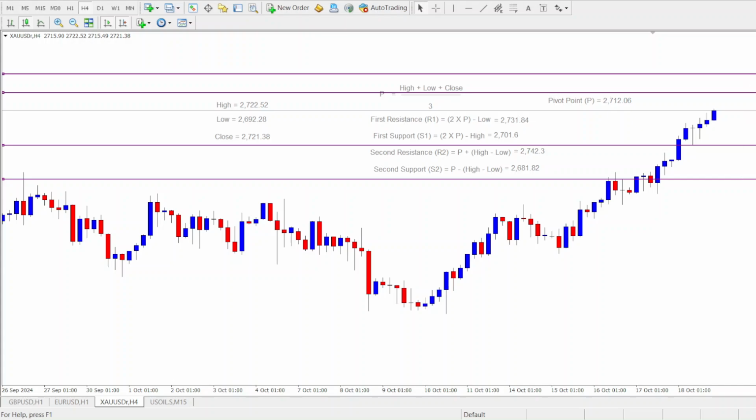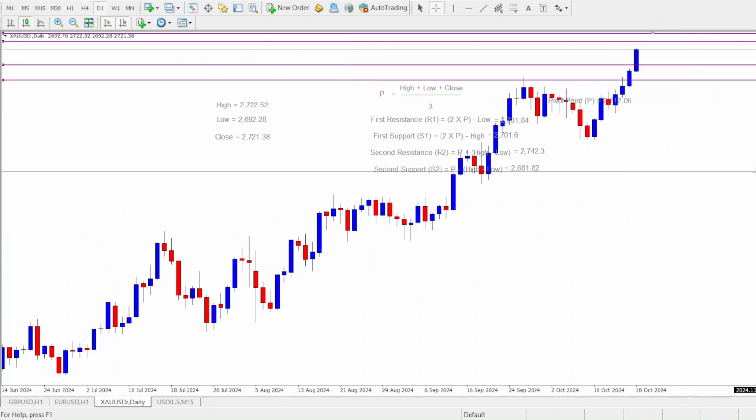These levels act as potential barriers where price may struggle to move higher, that's for the resistance, while the supports can serve as zones where the price might find a floor, giving buying opportunities. So there could be possible buying opportunities around here and here, possible selling opportunities around here and here.